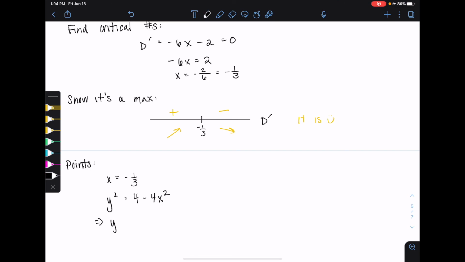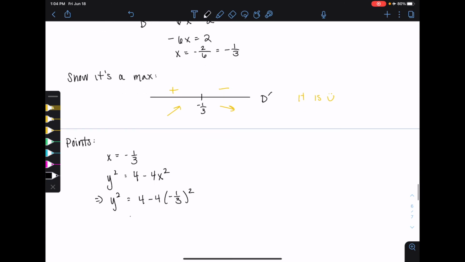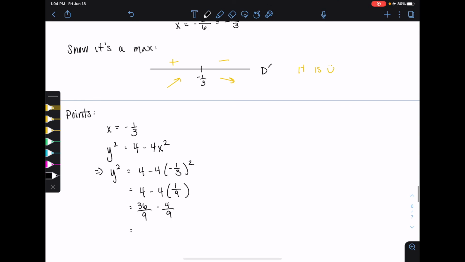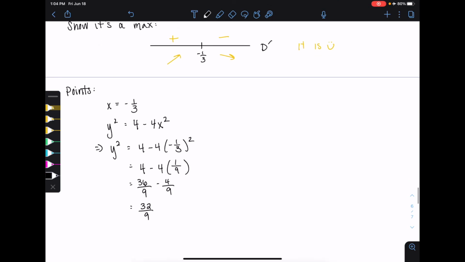So y squared is 4 minus 4 times (negative 1/3) squared, which would be 4 minus 4 times 1/9. Rewriting 4 in terms of 9, because this is negative 4 over 9, would be 36 over 9. So this fraction becomes 32 over 9. And so our y values are the square root of 32 over 9.